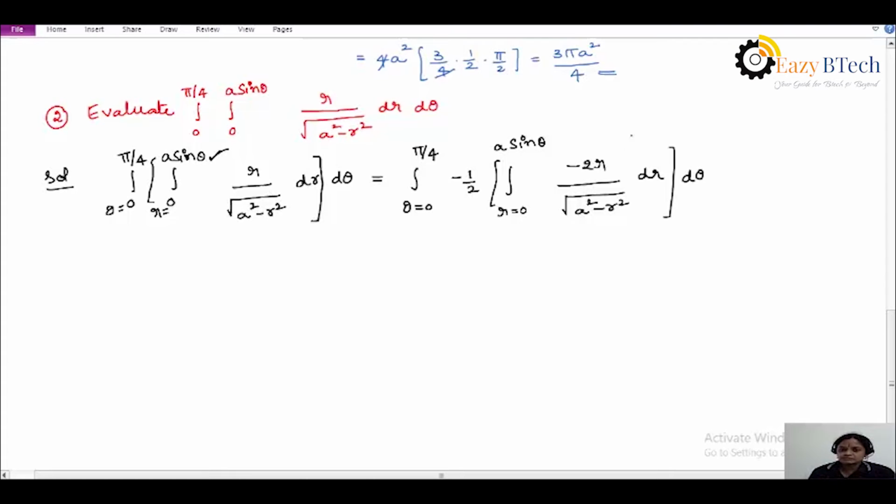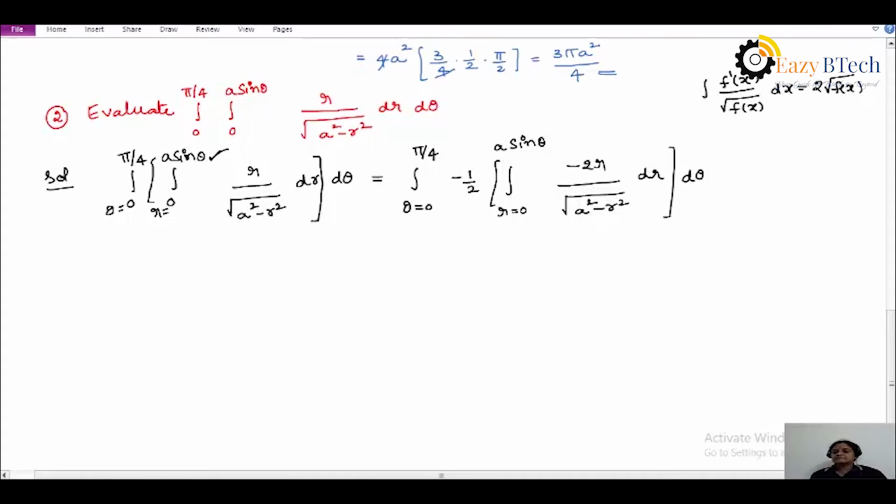Why are we using this minus 2 multiplication? In integration we have one formula: integral of f dash x by root of f of x dx is equal to 2 root f of x. So the function within the root in the denominator must have its differentiation in the numerator. See here, a square minus r square is there.